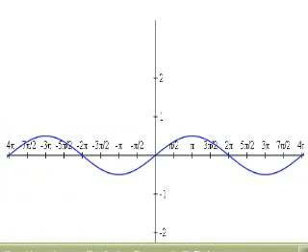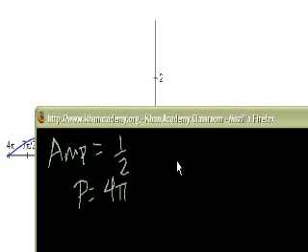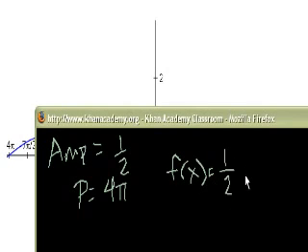The last thing we have to figure out is whether this is a sine or a cosine function. Well, f of 0 is 0, right? So it's a non-shifted sine function. So then we're done. We have f of x is equal to 1/2, and we figured out it's a sine function. Sine of what? How many cycles did it complete in 2 pi radians? It only completed half a cycle.